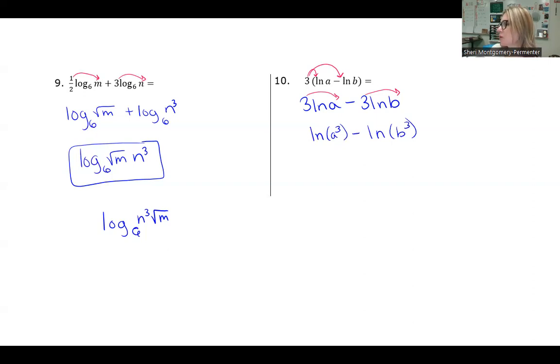If you're condensing, you will end up with one logarithm every time. So I'm going to put it together. And because I'm subtracting, I will what? Divide. Plus our. You just have to do them in the order that you see them.